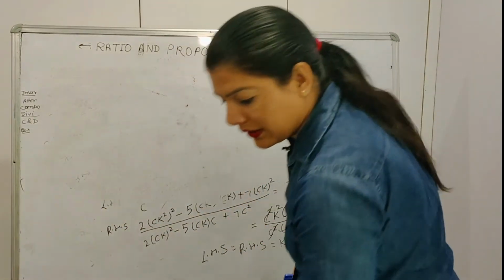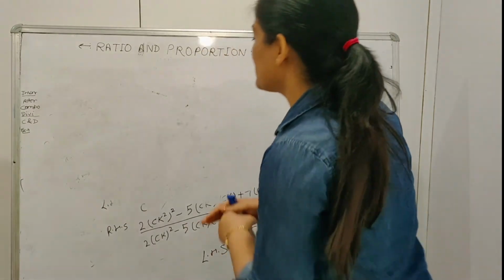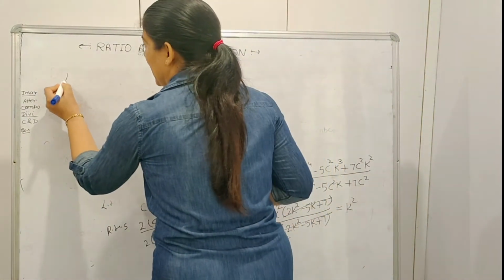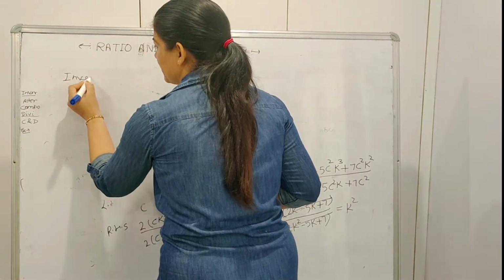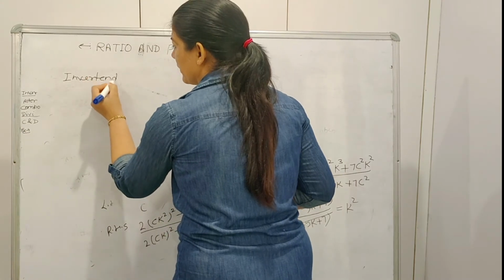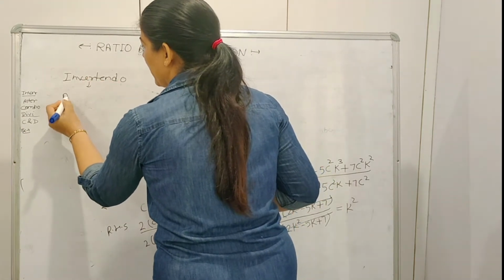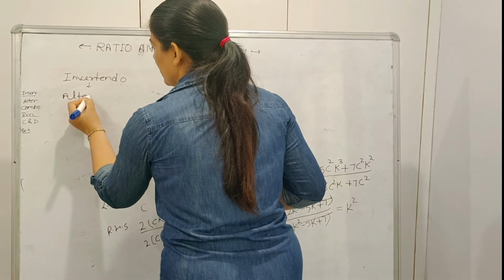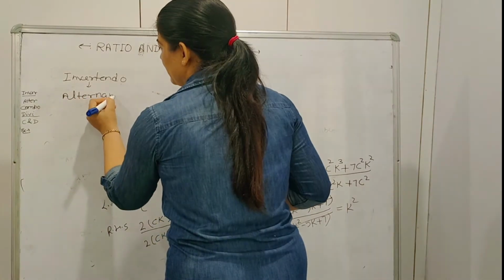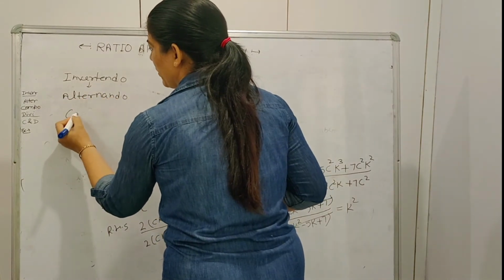So first is, there are some properties like invertendo. What is invertendo? Second is alternando. Third is componendo.